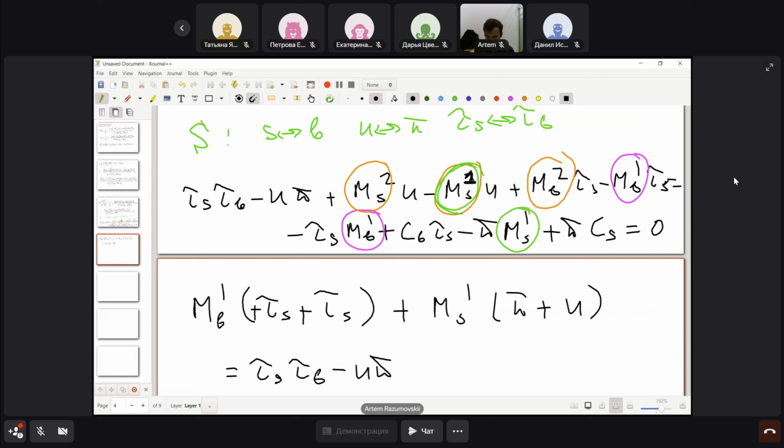And then we have plus u. So what will be with s2? It will be with plus, and it will be u plus tau s.